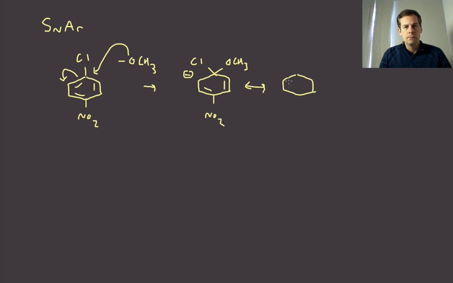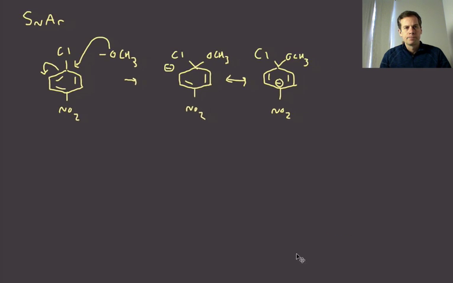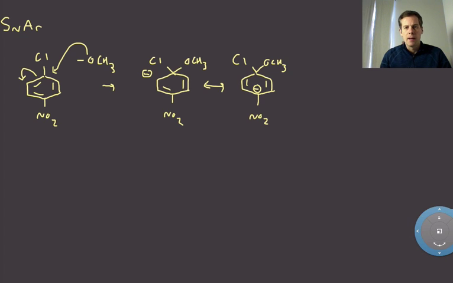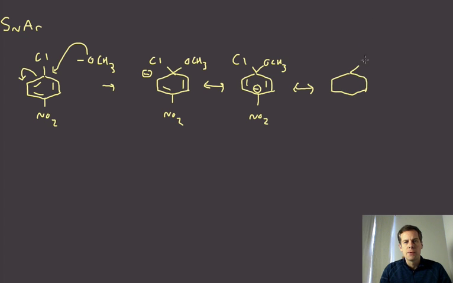What I can do is push that anion down. This is an allylic anion, so I can also put my anion right there. And there is another resonance form that I can draw where I would put it up in the other ortho position.